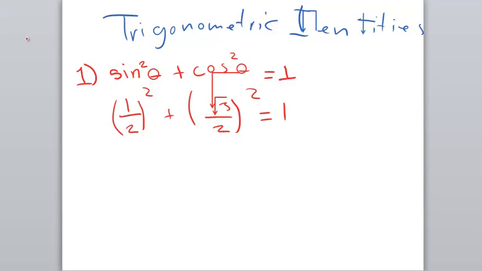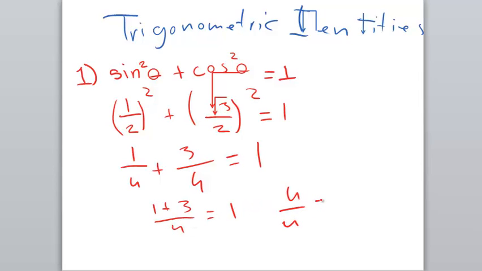Now let's see. 1 squared is 1, root 2 squared is 2. Let's see, 1 over 4 plus 3 over 4 is equal to 1, and 4 over 4 is equal to 1, so 1 is equal to 1. So it is indeed true.